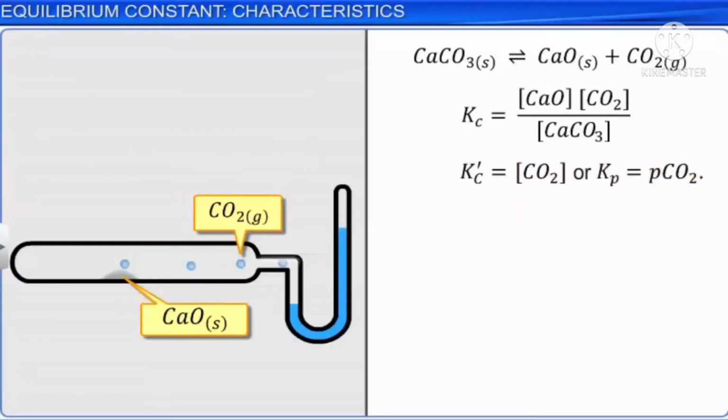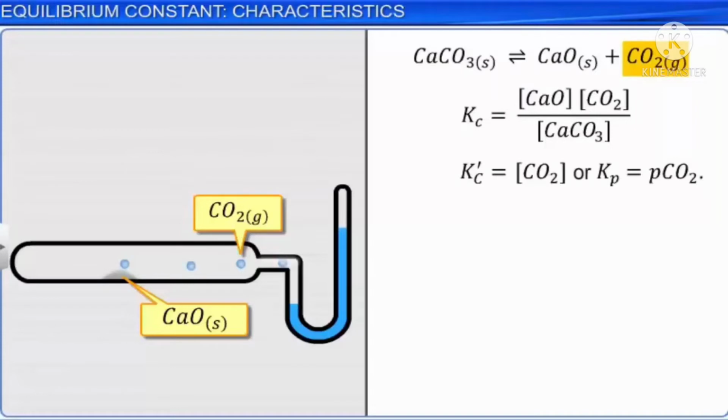This expression clearly shows that at a particular temperature, irrespective of the masses of the two solids, calcium oxide and calcium carbonate, there is a constant concentration or pressure of carbon dioxide in equilibrium with calcium oxide and calcium carbonate.